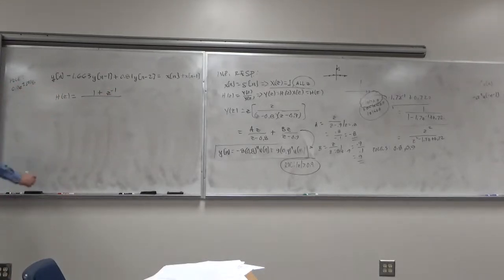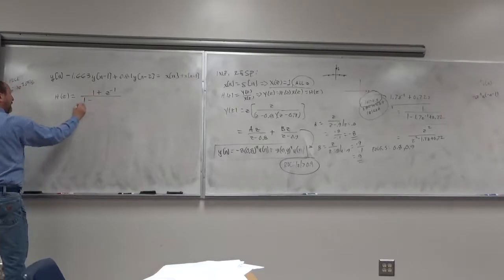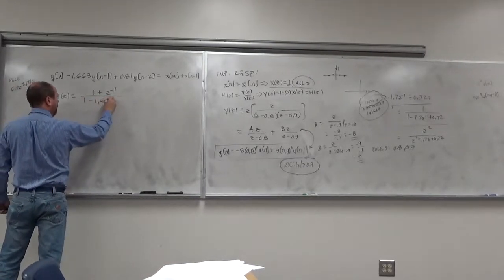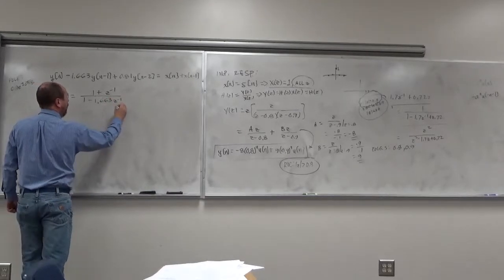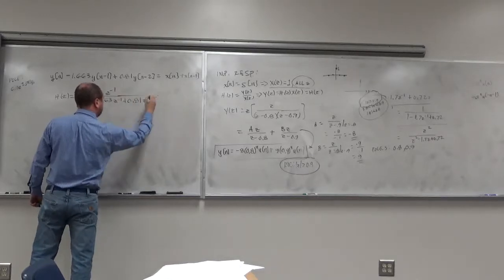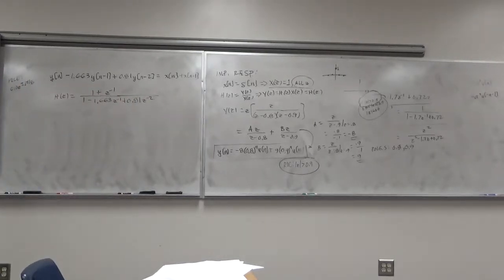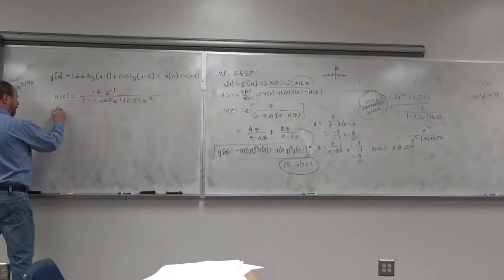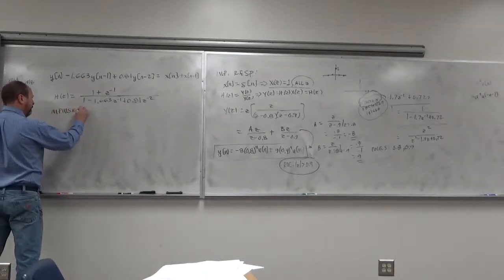Denominator, 1 minus what? 1.663 z to the minus 1 plus 0.81 z to the minus 2. Okay, and by the way, we got this from a difference equation. There is no region of convergence on that. We can choose a region of convergence. We'll get to it.